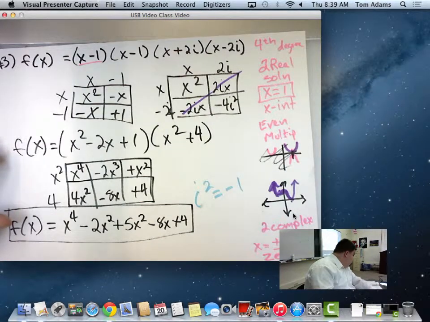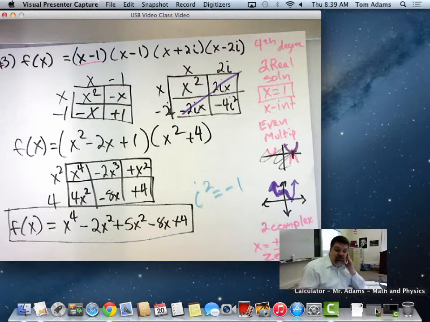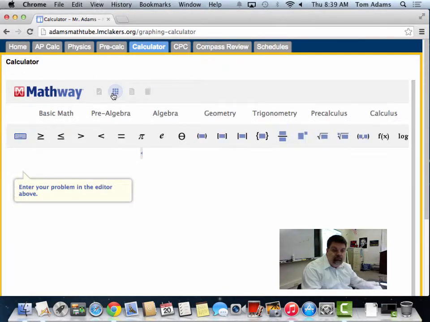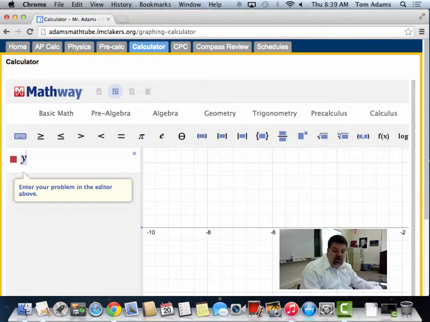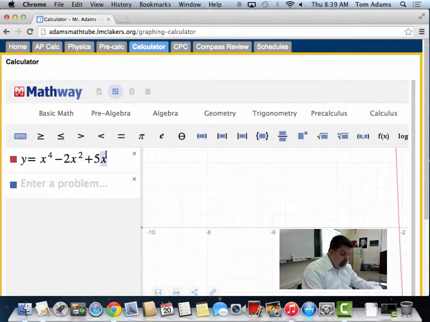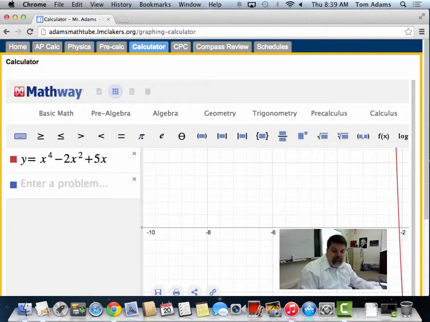Were we asked to graph it? Now, here's what I want to do. It doesn't say that we have to draw the graph, but it says find the x-intercepts of its graph. Well, that sounds to me like maybe we should graph it. So what I'm going to do is I'm going to enter the graph in here. And it's y equals x to the 4th minus 2x, oh no, it's 2x cubed plus 5x squared.